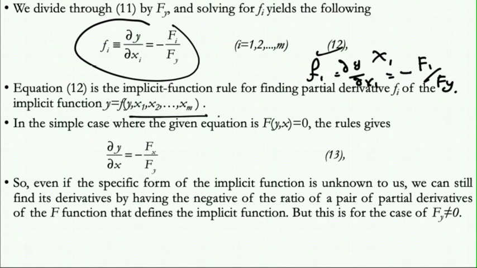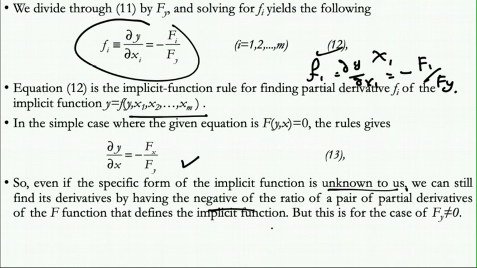In the simple case where the given equation is f(y, x), the rule gives this one, 13. So even if the specific form of the implicit function is unknown to us, we don't mind that, but what we really mind is we want to find its derivative, having the negative of the ratio of a pair of partial derivatives of function f that defines the implicit function.